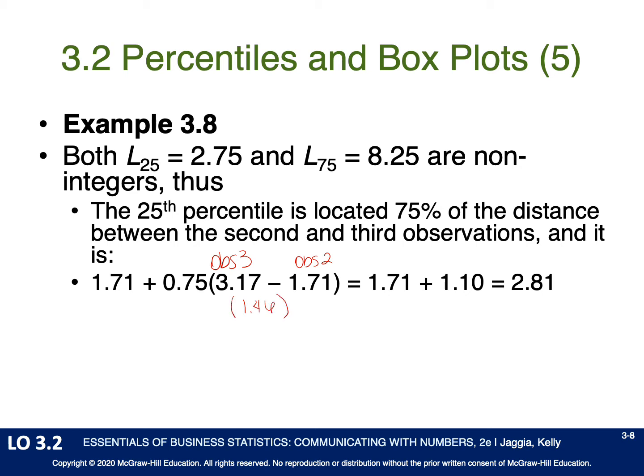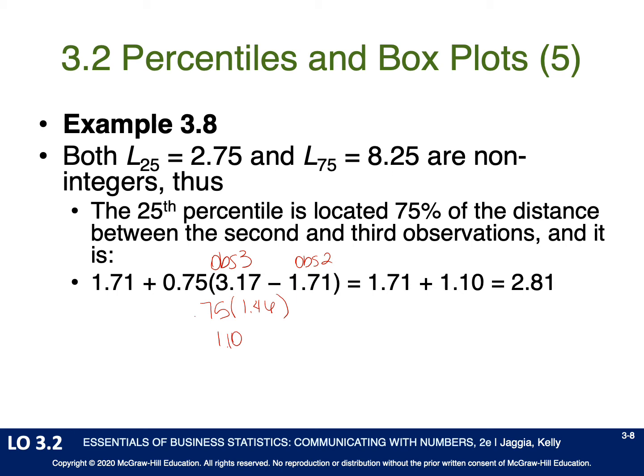So 75% of the way between those two observations is 1.095, or 1.10 if we're going to round to just 2 decimals. Then we have to add the second observation, because it's the second observation plus 75% more.